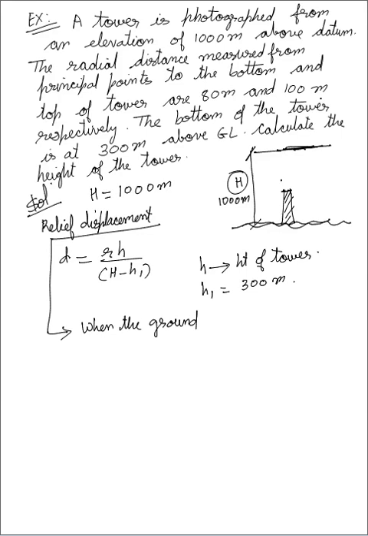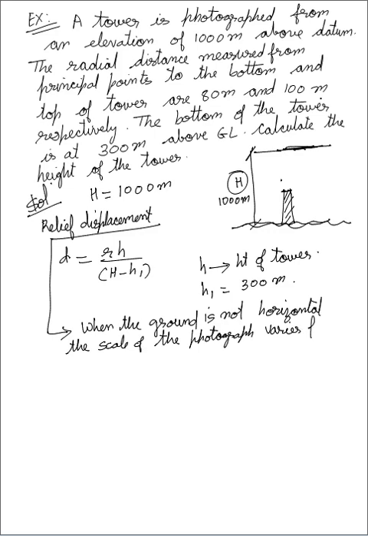When the ground is not horizontal, the scale of the photograph varies from point to point.